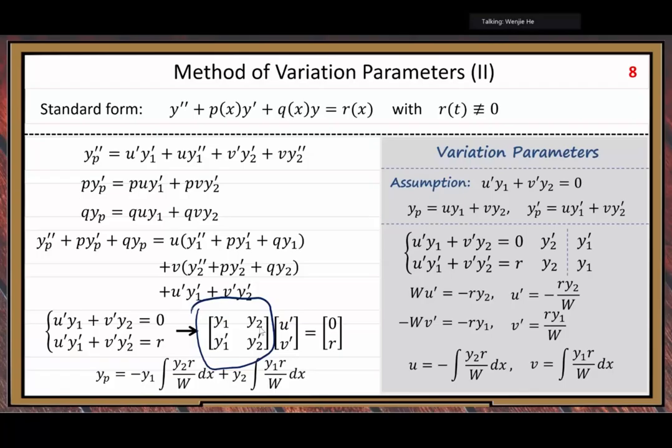Although the computation of the integral could be a little hard, you can use online calculators, right? You're allowed to use online calculators. But if it's too hard, because sometimes the calculator may not be able to do it, you just leave it there.